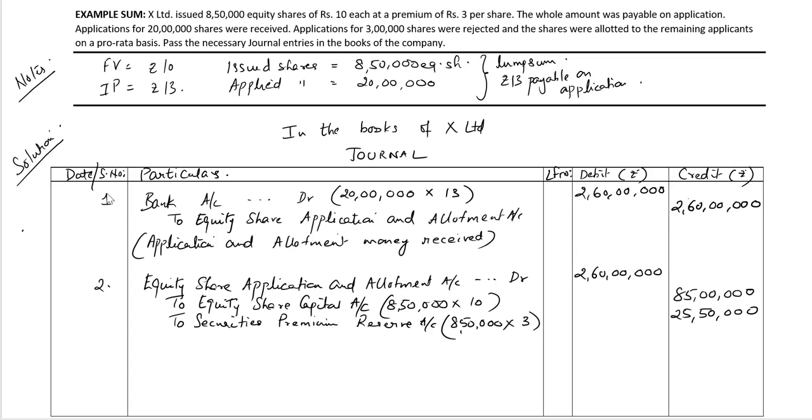So the entire excess application money has to be refunded to bank account. The excess shares applied for is 20 lakh shares minus 8,50,000 equity shares, comes up to 11,50,000 shares multiplied by 13 rupees issue price, the amount payable on application. So on multiplying, we get 1 crore 49 lakh 50,000 rupees.